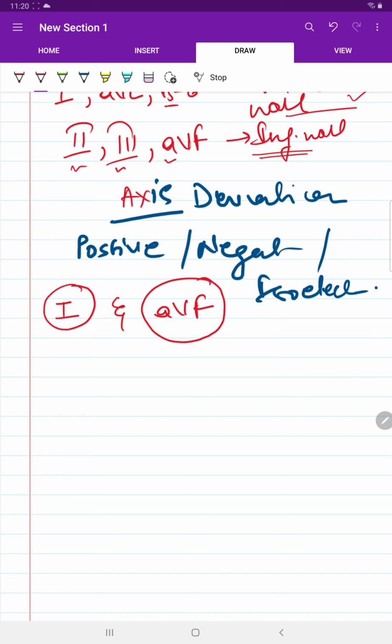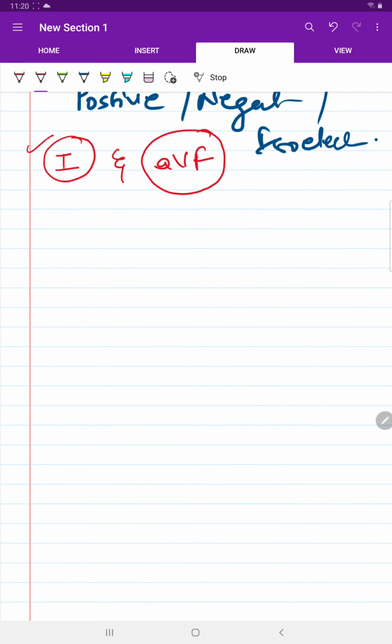Many times even I was so confused about what is left and right axis deviation, so confusing. We just need to see lead 1 and lead AVF and compare the two, whether positive or negative. I will give you some general examples. You can learn by a trick. See, this is the P wave, this is Q, this is R, QRS, T. This is lead 1, this is AVF. Only compare these.